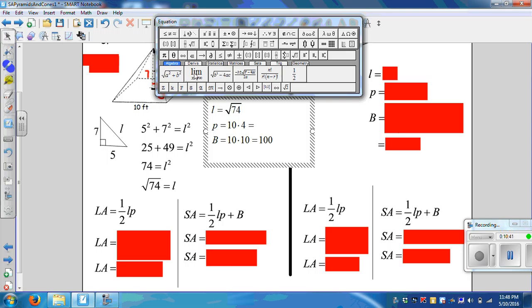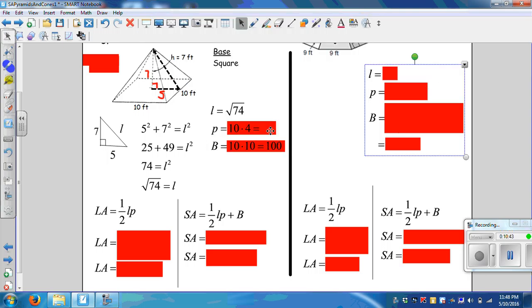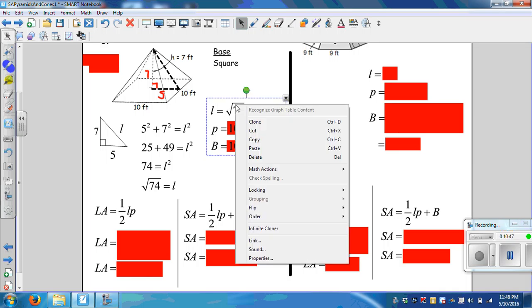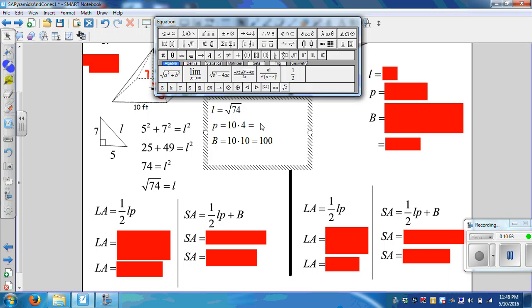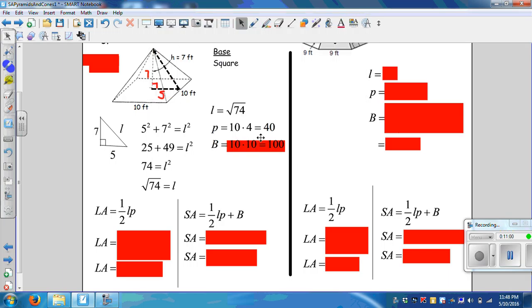Square root of 74. And we have a perimeter. Our perimeter is going to be 40 because you have 4 sides with all sides of 10. And then the area of the base is going to be 100.